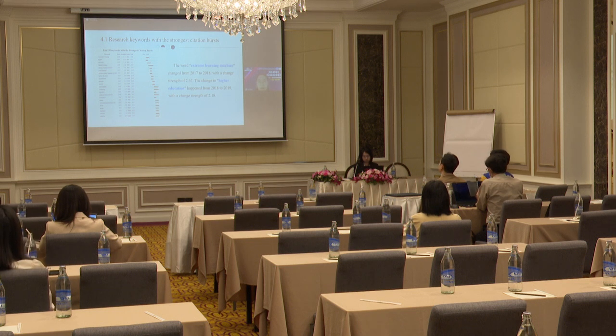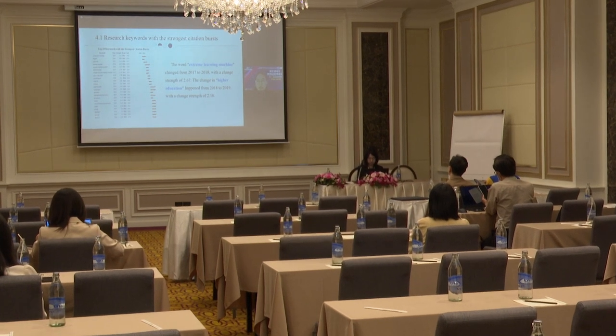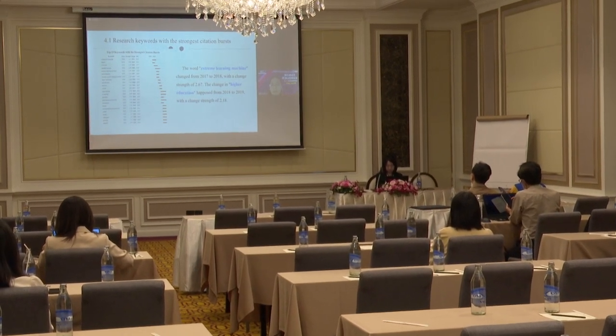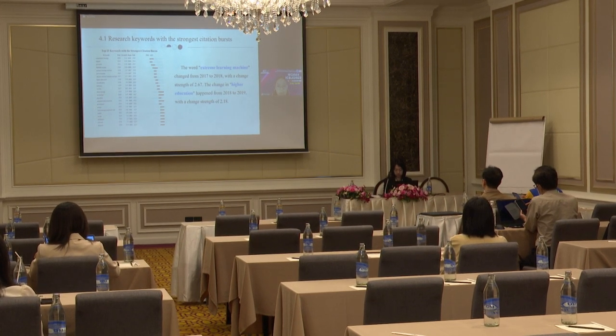The word extreme learning machine changed from 2017 to 2018 with a change strength of 2.67. The change in higher education happened from 2018 to 2020 with a change strength of 2.80.